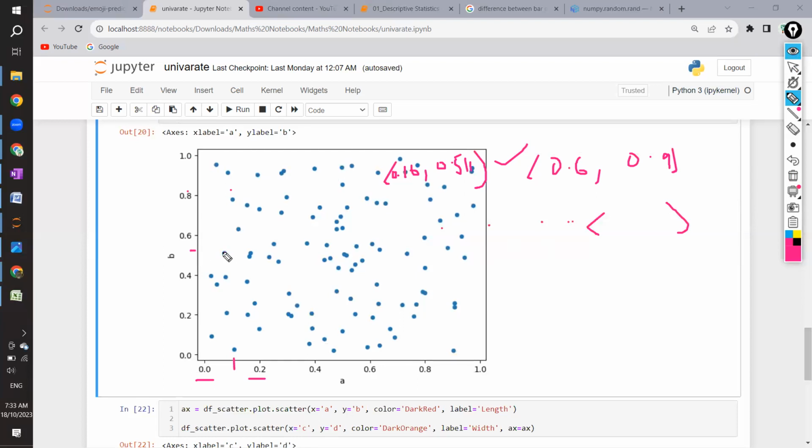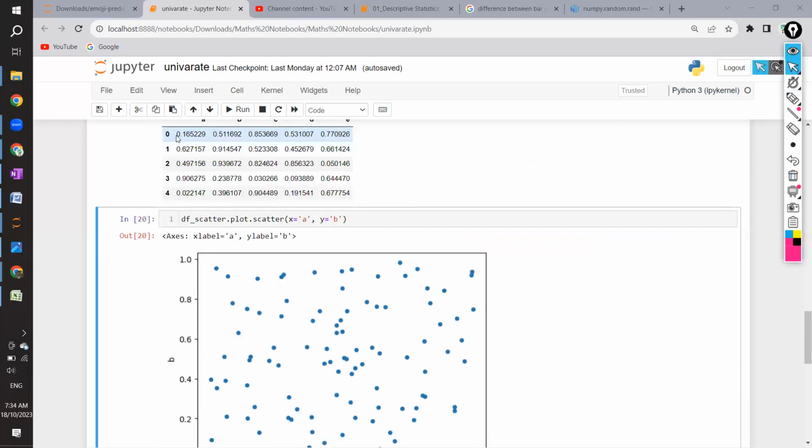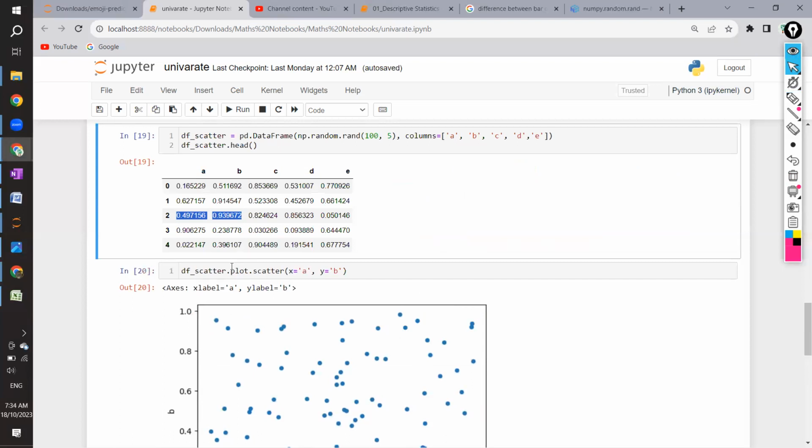This point is the first point from A and B. Similarly, each and every point it will plot, so overall 100 points. It takes one pair from A and B and plots that, then the second pair, like that.